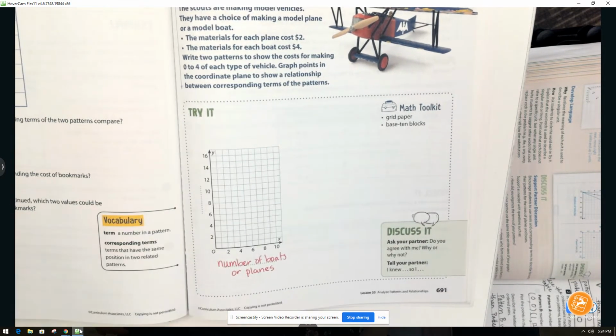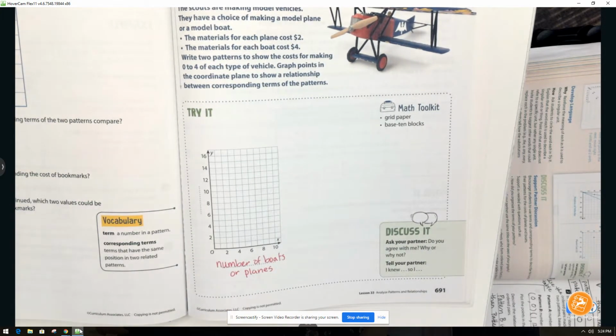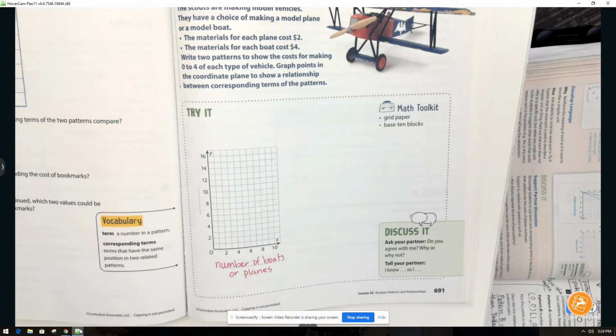Since we're going to be looking at how they look together, we'll always be comparing the same number of boats to the same number of planes. So one boat and one plane, two boats, two planes, and so on and so forth.